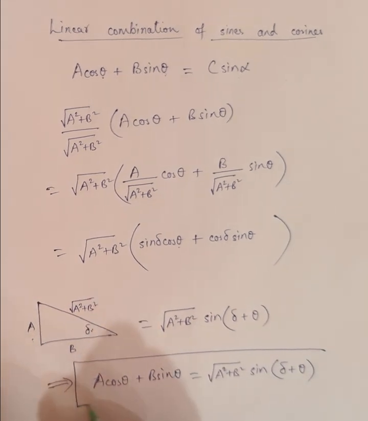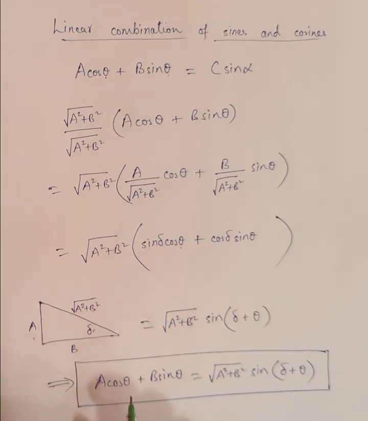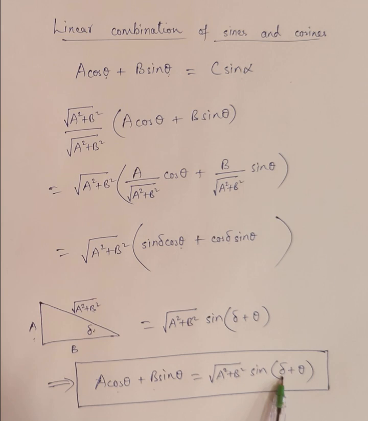So we expressed a linear combination of sine and cosine, or cosine and sine, as a single sine function. Now this is called the amplitude. The amplitude will be square root of a square plus b square, and there is a phase shift of delta.